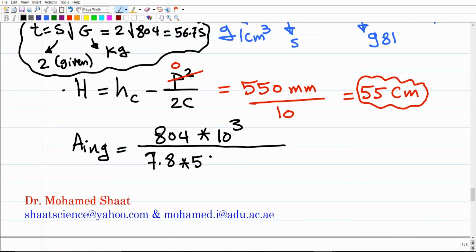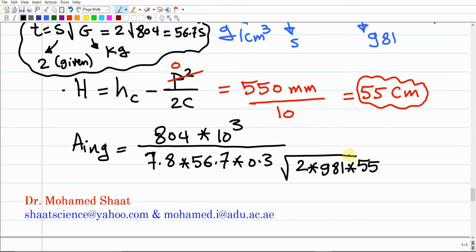So it's going to be 56.7 times the mu, which is the coefficient of friction, already given by 0.3, times the square root of 2 times 981 times the h that we got as 55. If we did these calculations, we're gonna find the ingot area in terms of centimeter square. And that's it for this step.